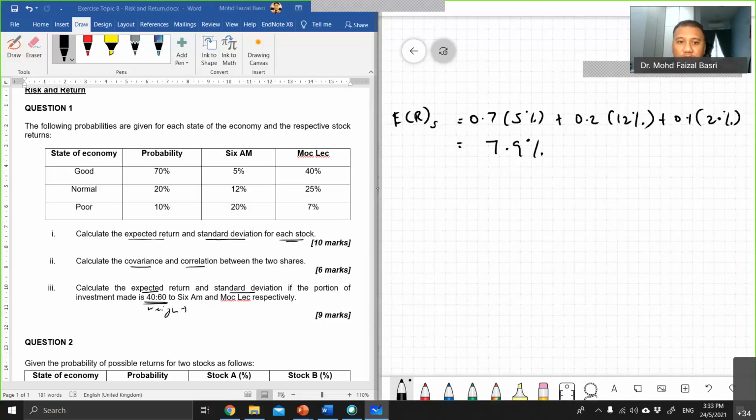So for the ER of stock M, it's again the same probabilities, 0.7 times 40%, plus 0.2 times 25%, plus 0.1 times 10%.